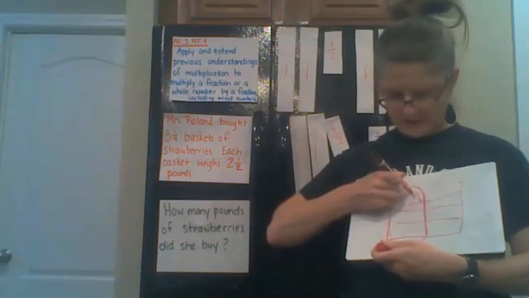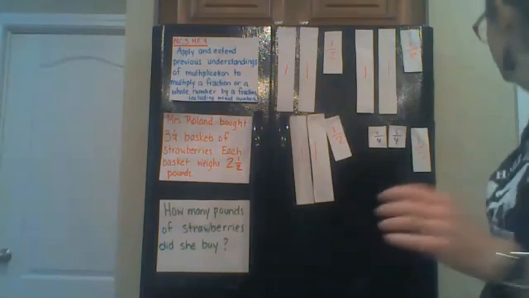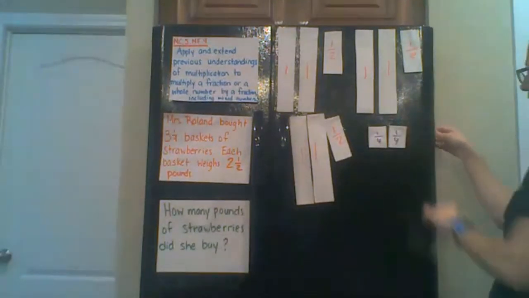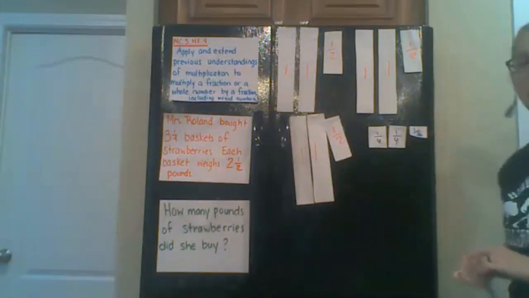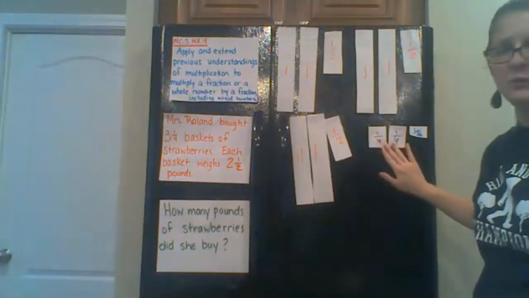So 1/4 of that would be one of those 8ths. Okay? So put one of my 1/8s right there. All right, so now I have 3 whole baskets and 1/4 of another.